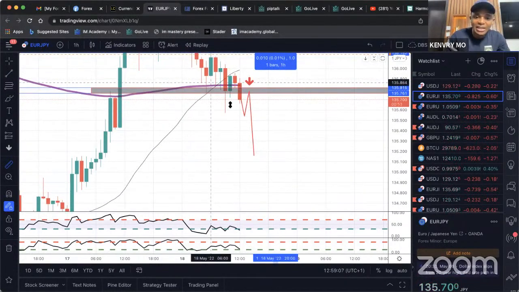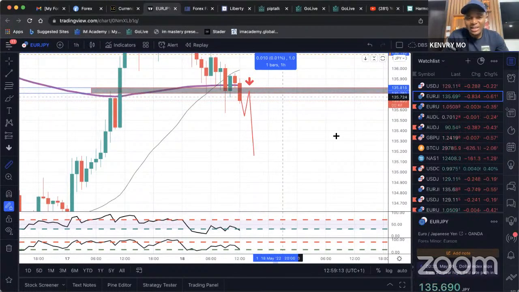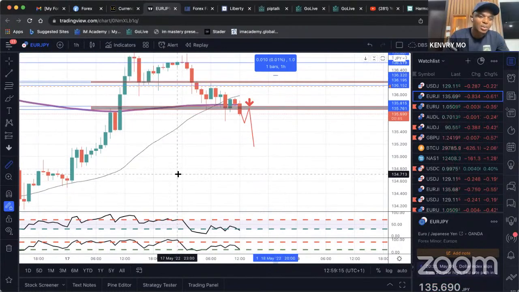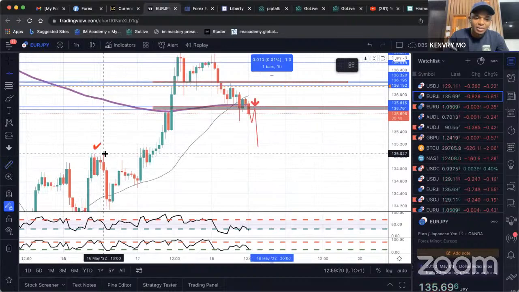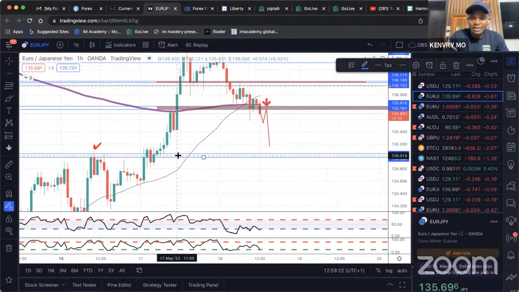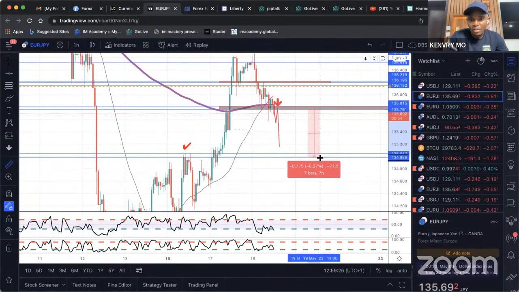If the market retests this area just the same way we saw EU right now, I'm going to take a sell. Man, this is going to be very good potential, very good potential. All right, the market is coming down here, and that's a potential of, oh boy, that's good.